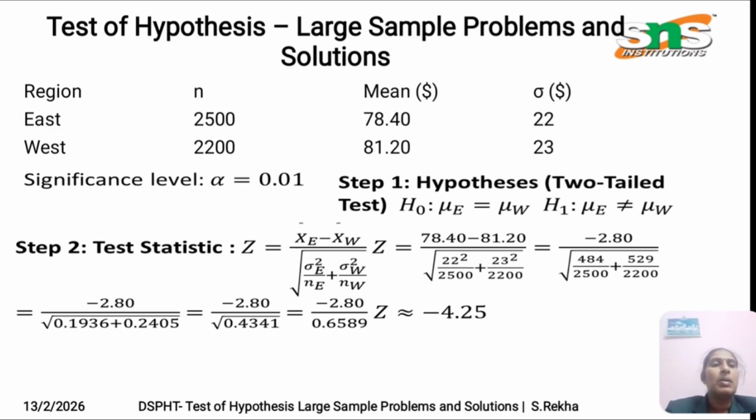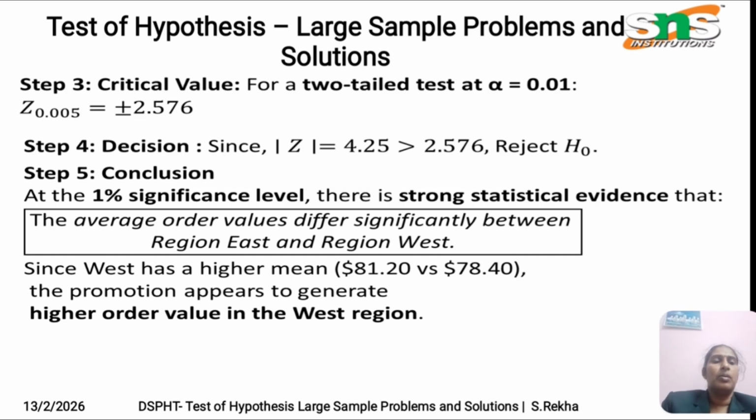So that is 78.40 minus 81.20 over the root of 22 square by 2500 plus 23 square by 2200. So I will get z equal to minus 4.42. This minus value is taken as modulus, so you can take it as positive. Here alpha is the 1% significance level, so the critical value is 2.576, since it is a two-tailed test.